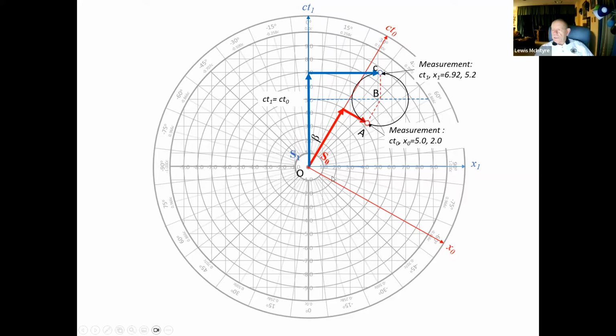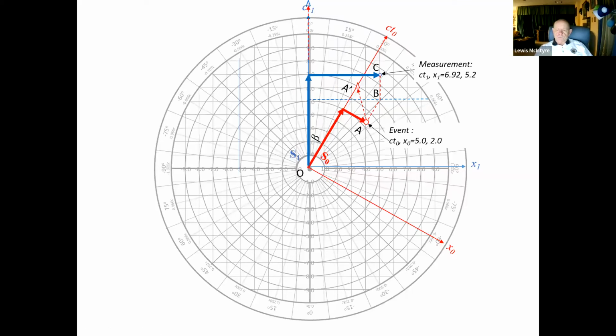From A, we proceed in the direction of S0's time axis to intercept the temporary x-axis at B. Then that same distance in the direction of S1's time axis to locate S1's measurement at C, which you can verify is the Lorentz transform of the measurement in S0. 5, 2 transforms as 5 plus 1 over the cosine of beta, which is 0.866, and X transforms as 2 plus 2.5, also over the cosine of beta.